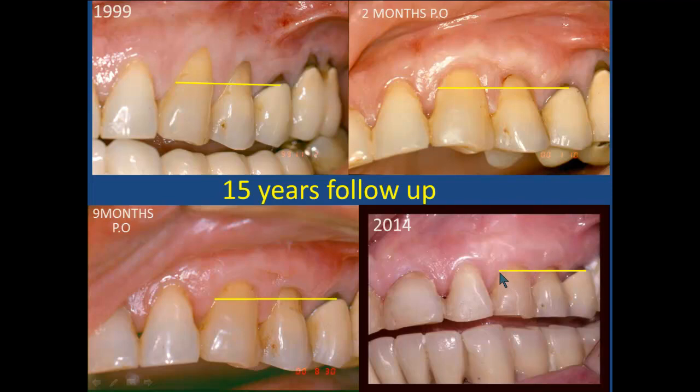And if you compare the yellow drawn line from the cervical edge of the crown, using it as a standard landmark distally, and the midway from the papilla height on the medial side of the canine, one can see the progress of the creeping attachment phenomena 2 months and 9 months post-operative, and all the way 15 years.